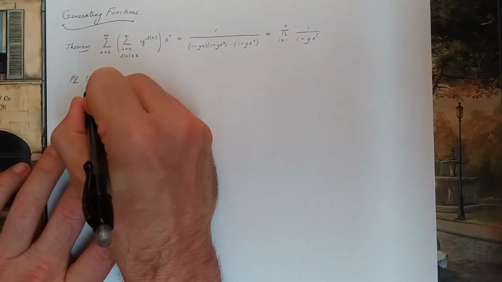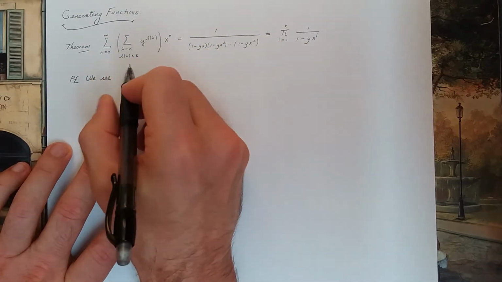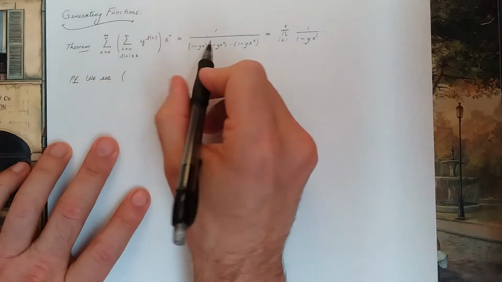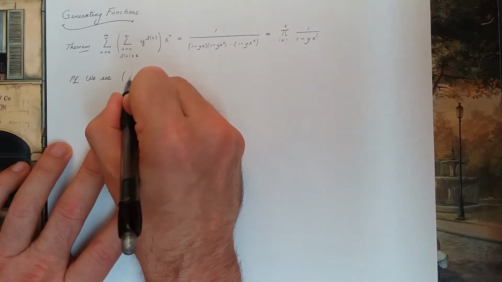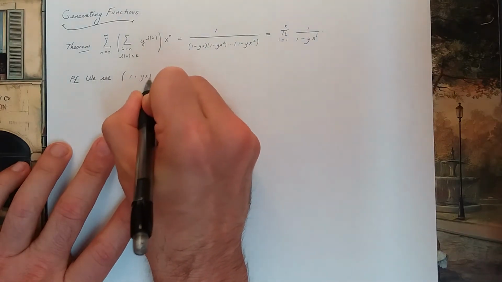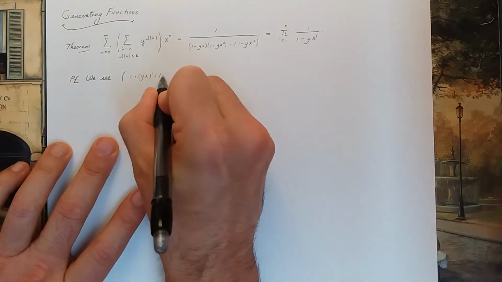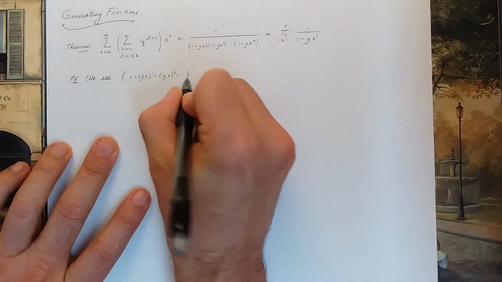So we see the generating function we have here expanded as a geometric series. So what I'm saying is 1 over 1 minus yx, that's the geometric series 1 plus yx to the first power plus yx to the second power, and so on.